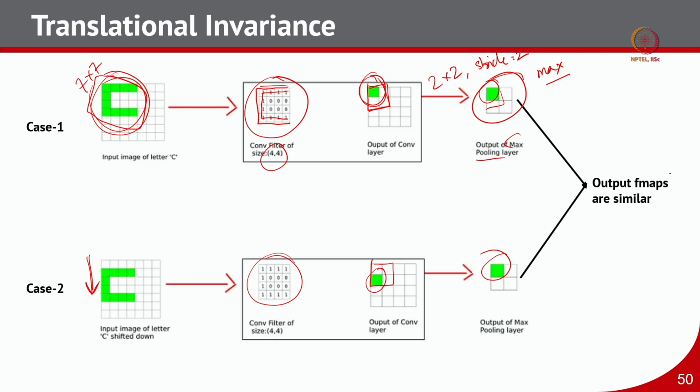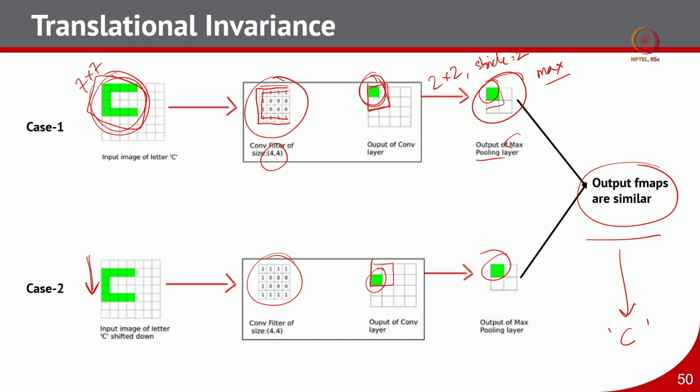So that means the output feature maps are similar. Why are the output feature maps similar? Because we applied this max pooling. Now since these output feature maps are similar, there's a higher chance that it will be recognized as the same letter C. So that's the main advantage of max pooling, right?